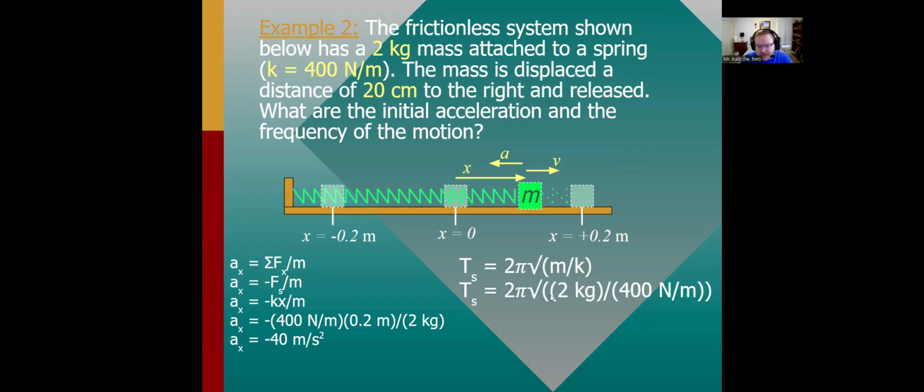That's 2 pi times the square root of 2 kilograms over 400 newtons per meter, which would be 0.444 seconds. You can show it on your own, but somehow kilograms divided by newtons per meter, square rooted, works out to seconds. And then the frequency would be 1 over that, or 2.25 hertz.